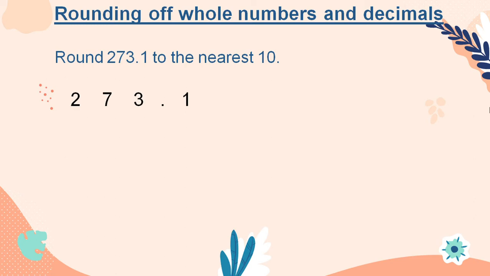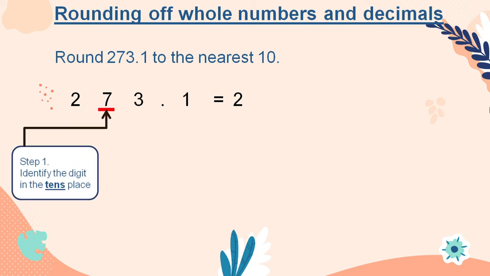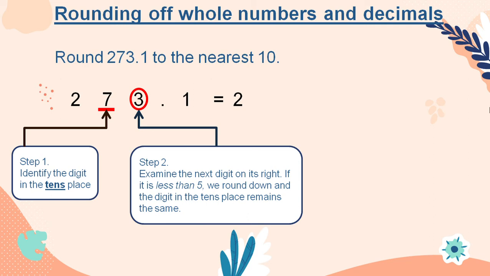So, 273.1. The first step, look at the digit in the 10th place, that is 7, and the next step is to examine the next digit on its right. If it is less than 5, we round down and the digit in the 10th place remains the same.